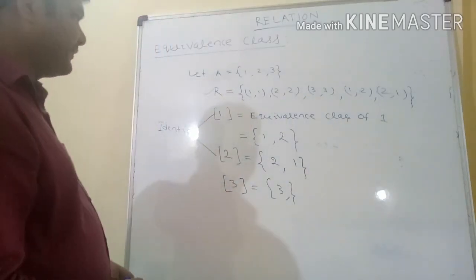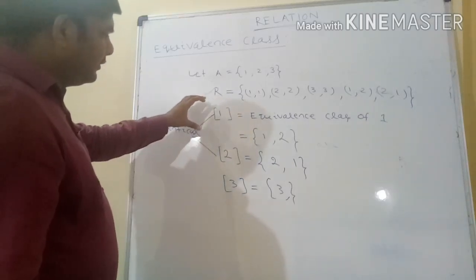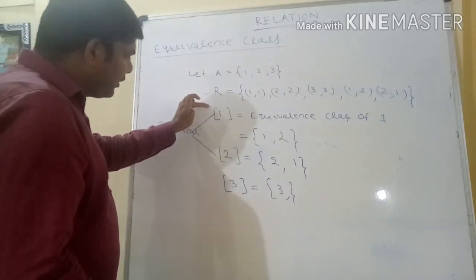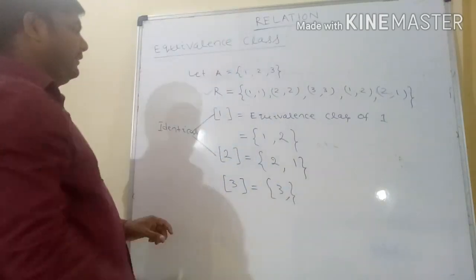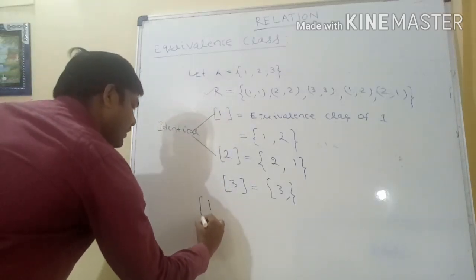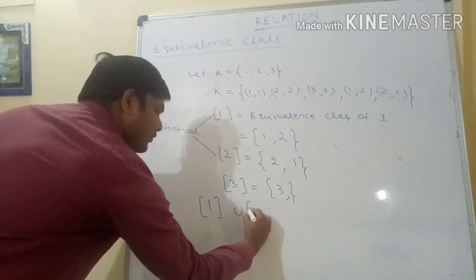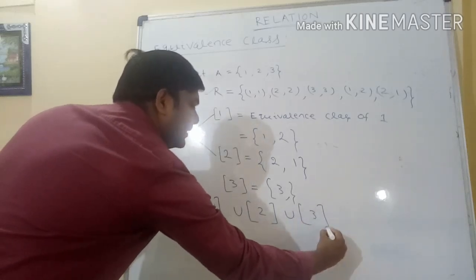Here is one property. And the second property is, if we take the union of all these equivalence classes, we find the set A. Equivalence class of 1 union equivalence class of 2 union equivalence class of 3.